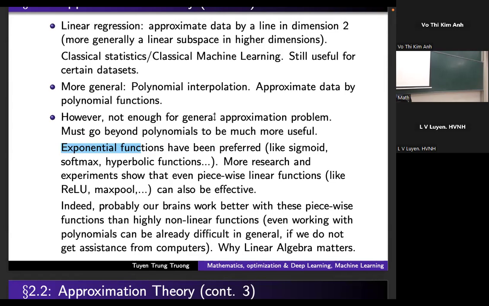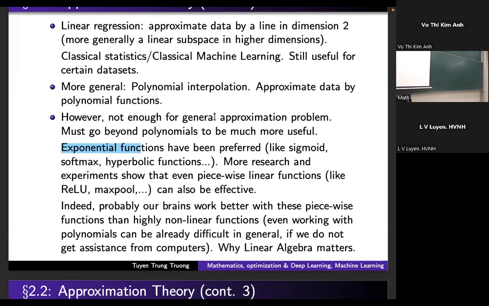And actually, experiments show that using ReLU is also good. And then max pool is where you just take the maximum of a set of numbers. Maybe, for example, we humans actually cannot do very complicated calculations.